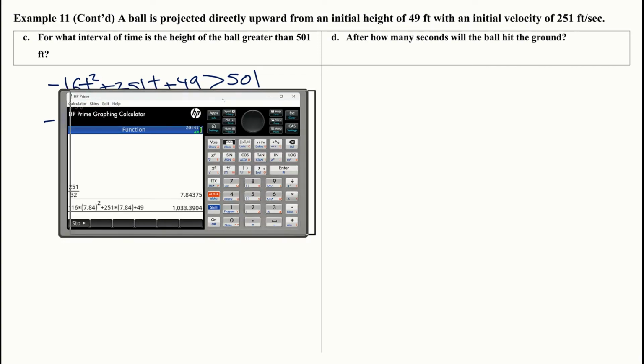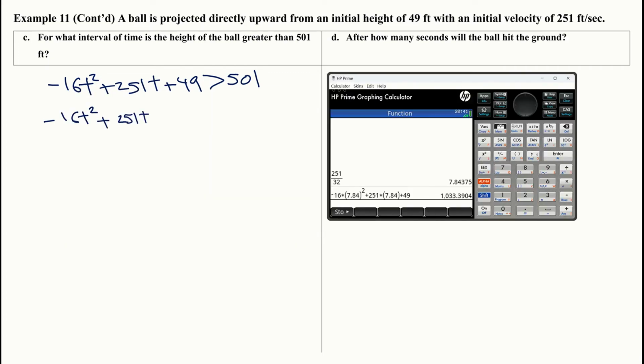So let's bring up the trusted friend. So we get 49 minus 501, right? So minus 452 is greater than 0.